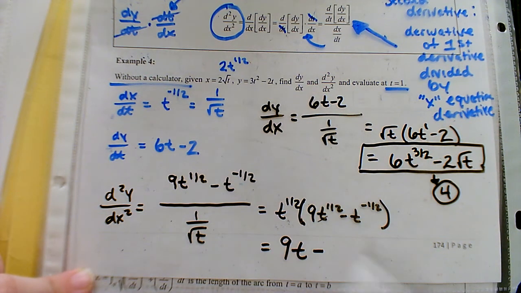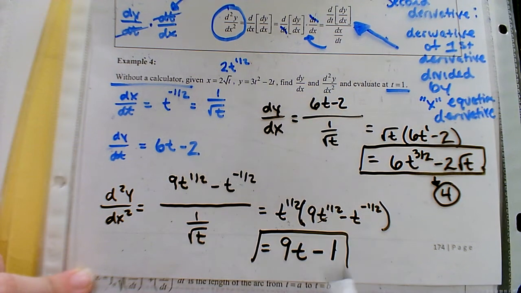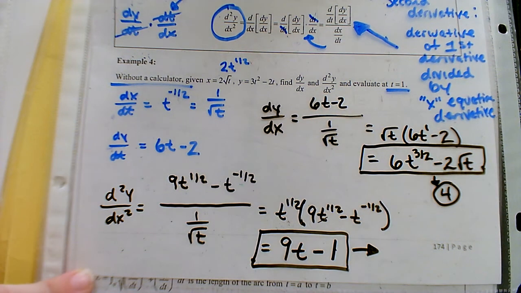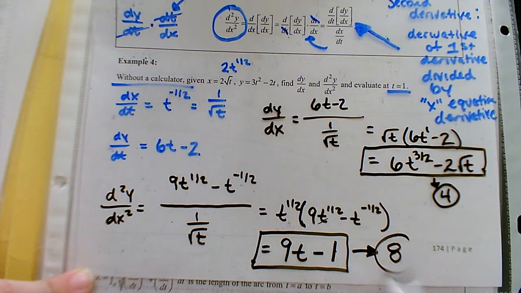When you multiply the same base, what do you do with the powers? You add them, right? So that would be t to the 0, but what's that? 1. Good. Okay, so there's our overall second derivative. And they want us to plug in 1, so looks like we get 8.